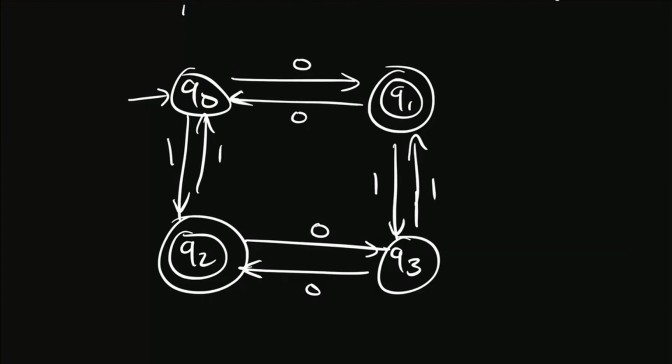Well, let's look at every state. Does it have a 0 leaving it and a different transition labeled with 1? Well, look at Q0. It has a 0 going across, 1 going down. Q1, same idea. Q2, same idea. Q3, same idea. Okay, so that's good. What if the inputs of this machine could be 0, 1, and 2? Is this a deterministic machine?